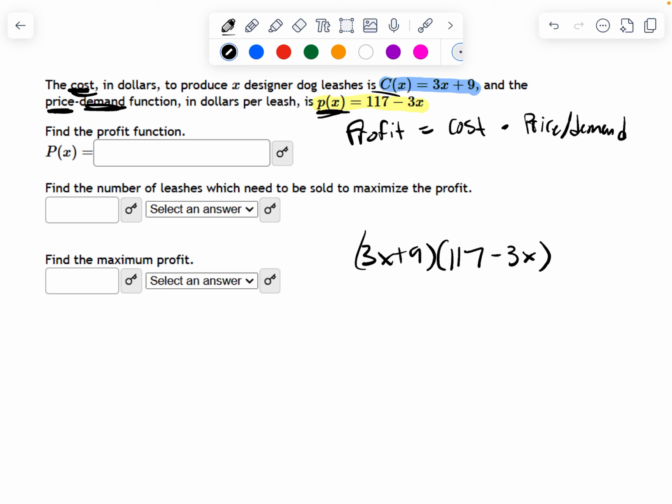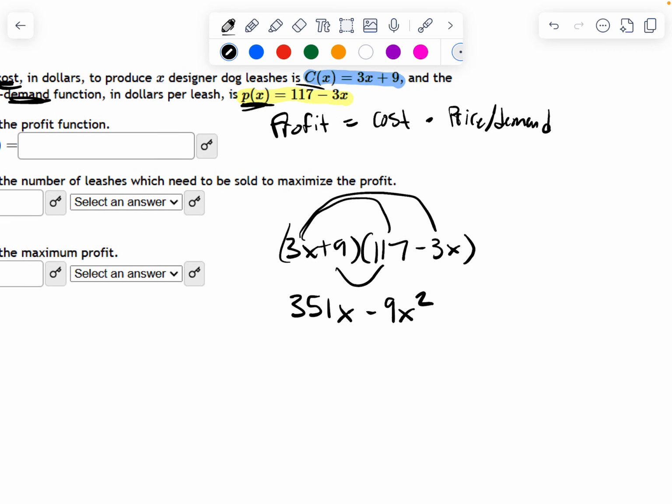So we have 3x times 117. 3 times 117 is 351x. And then 3x times negative 3x is negative 9x squared. And then we have plus 9 times 117, and we get 1,053, and then minus 27x.